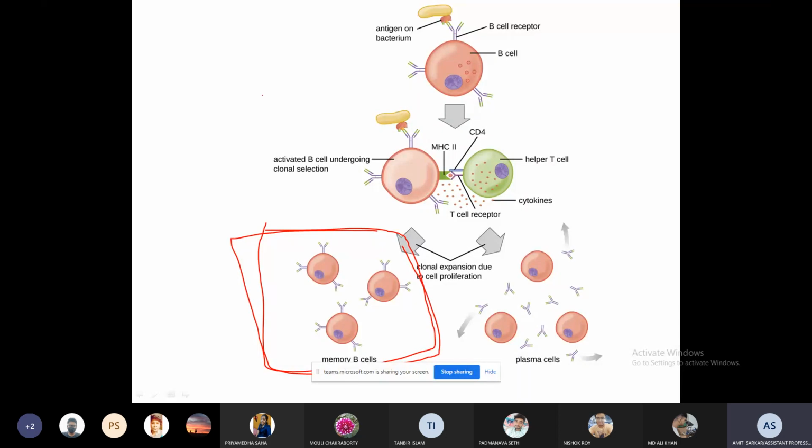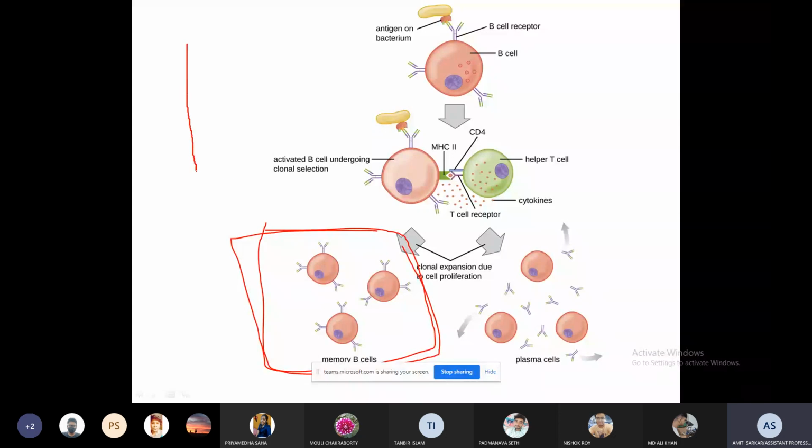So whenever it comes, all these battalions will readily bind to it and send a signal to the T cell that the naughty bacterium entered again, give us the signal. The T cell will provide the signal, and within a very short period of time, a huge number of antibody molecules will be produced, and the antigen or microorganism will be neutralized quickly. That is called the secondary immune response.